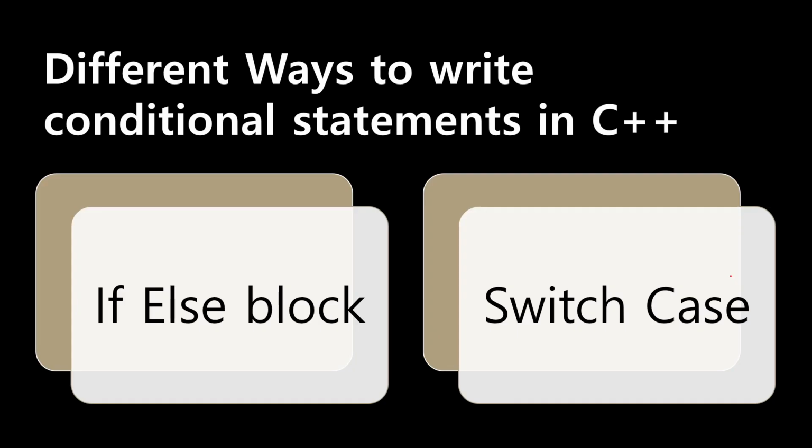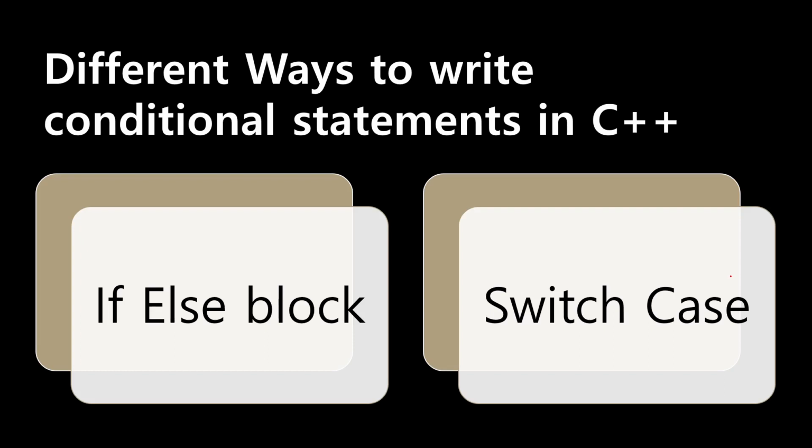Now let's see the different ways to write conditional statements in C++. There are two ways. One is the if else block and one is the switch case.